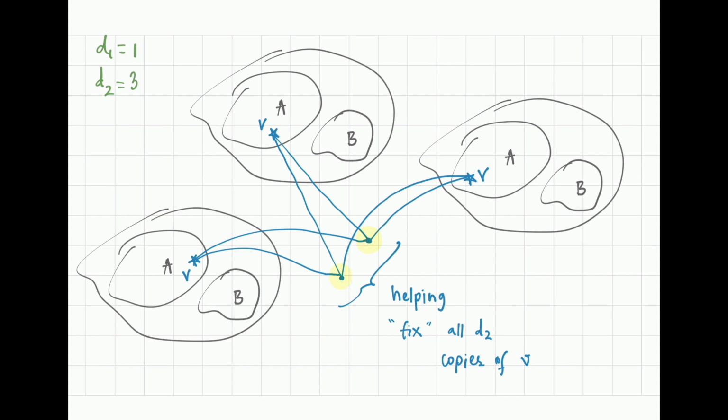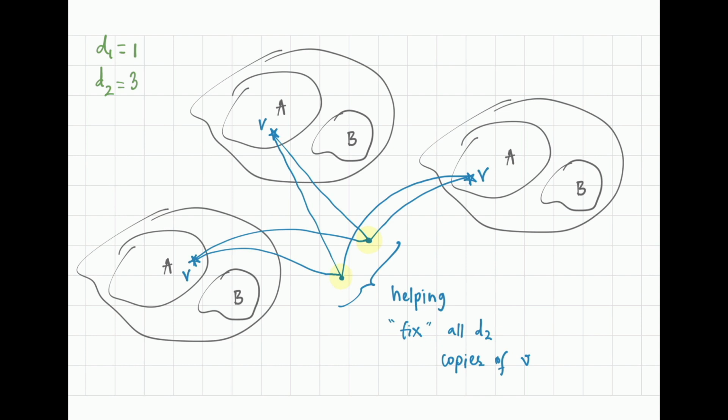In the meantime, notice what is happening to the helper vertices. The helper vertices are not only helping the newly created needy vertices, but they're also helping themselves in the process. So now notice that the two blue vertices actually also have degree 3, because each of them is helping out one vertex in each of the 3 copies of the graph G.